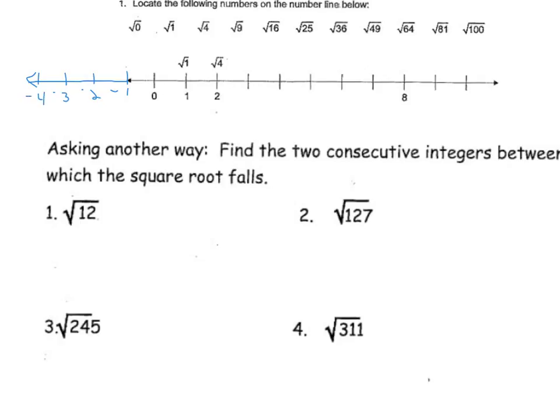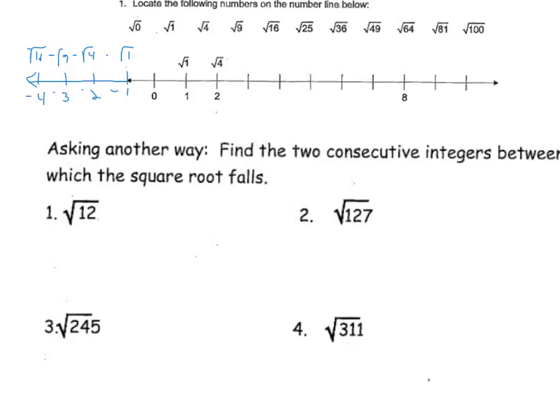Now above these we want to put in their square root numbers. So we'd have negative square root of 1 on the top, negative square root of 4, negative square root of 9, and negative square root of 16.